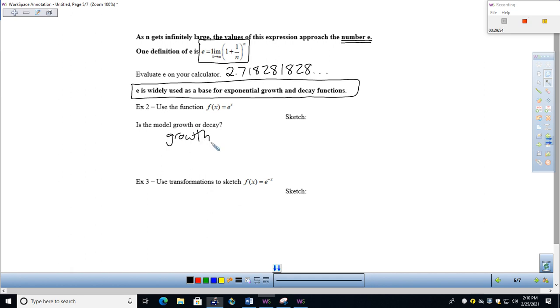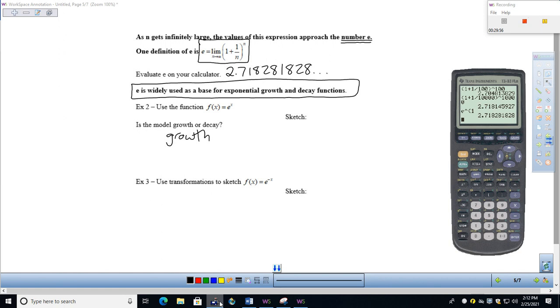Absolutely. Now I'm going to go ahead and graph this super fast here, getting used to just using our e button. So y equals second e raised to x. Zoom, number 6, and we should see a nice looking exponential growth curve.